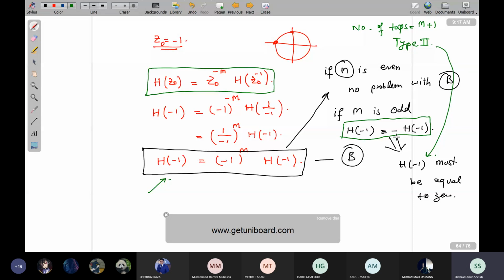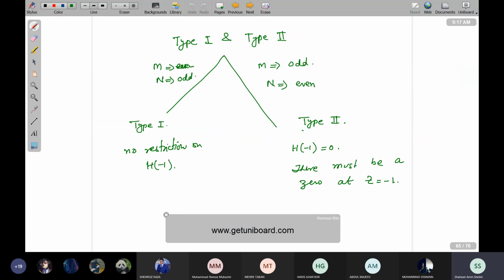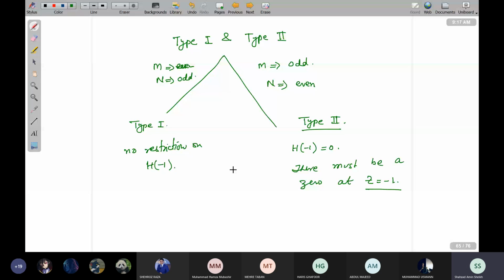So this indicates that when m is odd, meaning number of taps n is even, we must have h of -1 equal to 0. That is, there must be a 0 at z is equal to -1. Have I answered your question, beta?